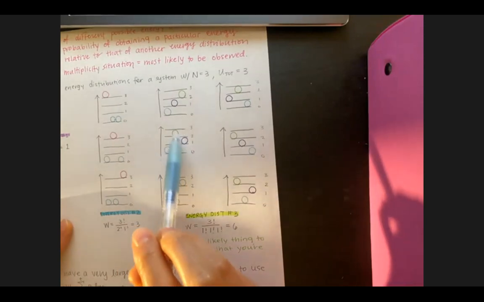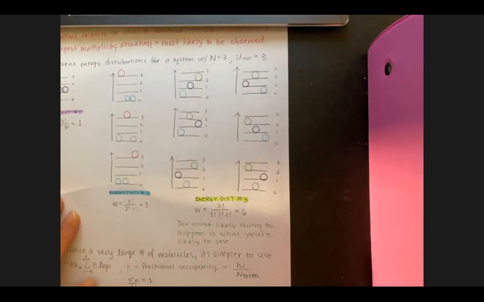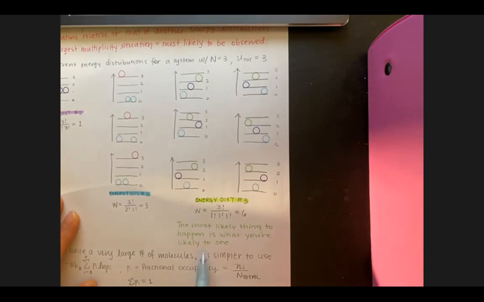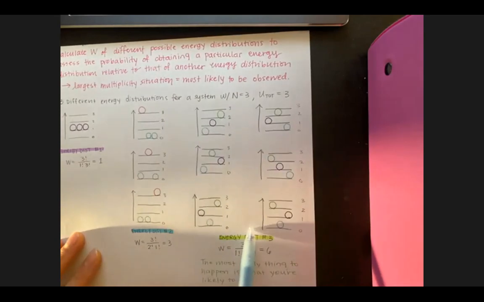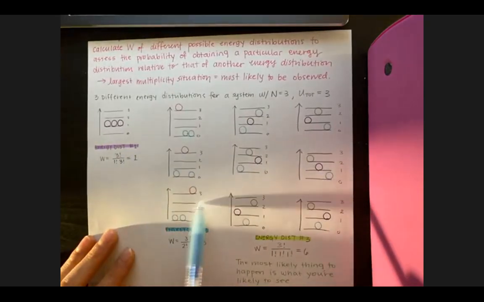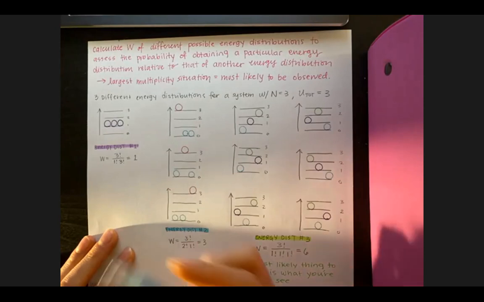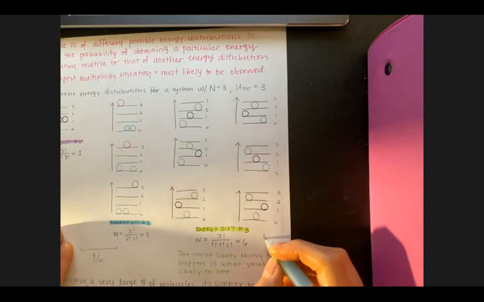And so that's 3 factorial over 3 1 factorials because you have each one in one energy level singularly. And so the most likely thing to happen is what you're likely to see. So you'd most likely see one of these, but in a system like this, where there's such a small number of molecules, you're actually pretty likely to see these 2 because this is going to be 4 out of 10. So these 2. And this is 6 out of 10.